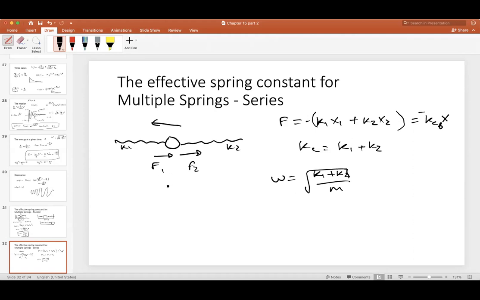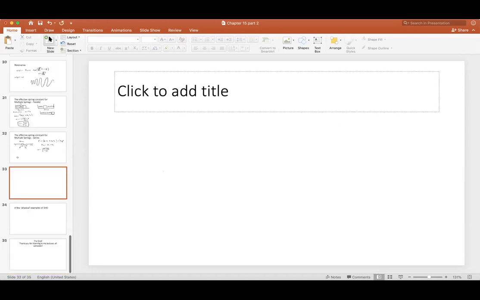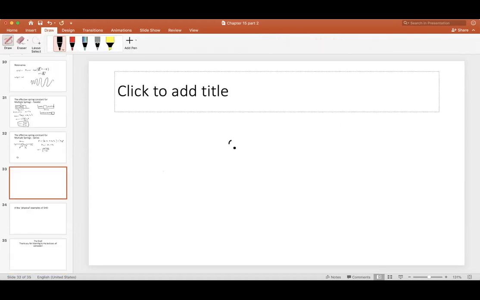But now we see that if we have two of them, so now if we have two springs attached, okay, then what happens is this force and this force have to be equal to the force on the block. So the effective force.